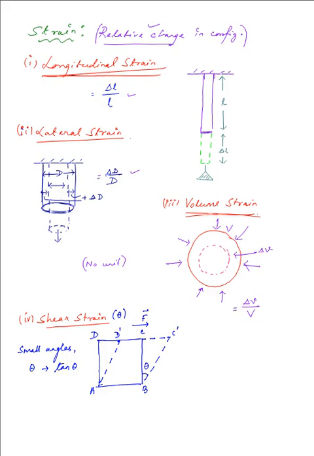So here tan theta, as you can see from the figure, this being a right angle triangle, this one as well, we have either DD prime divided by AD, or CC prime divided by CB. It's all the same. So tan theta here is equal to, let's take the other one, CC prime divided by CB or BC. Take it as you like. This gives me the shear strain, and as you know, it has no dimension and no unit as well.